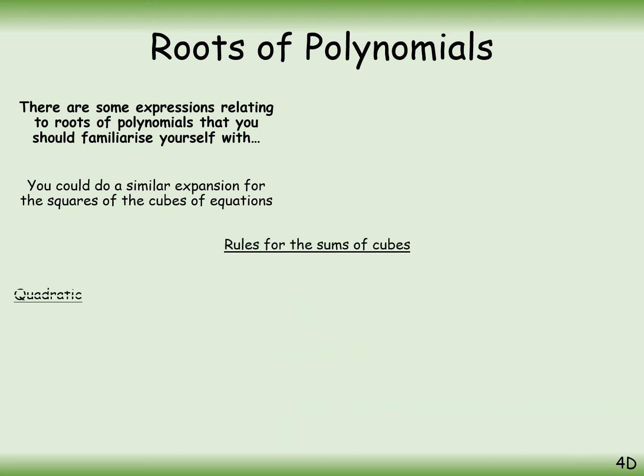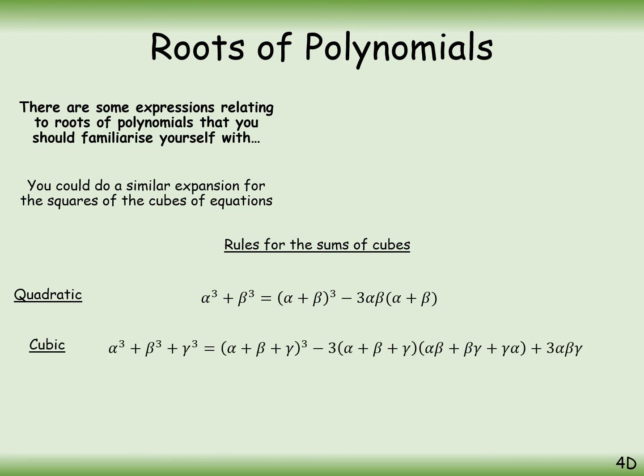So the rules for cubes: alpha cubed plus beta cubed is alpha plus beta cubed minus 3 alpha beta, and then times the sum of the two roots, alpha plus beta. For a cubic, it follows quite similarly to this.